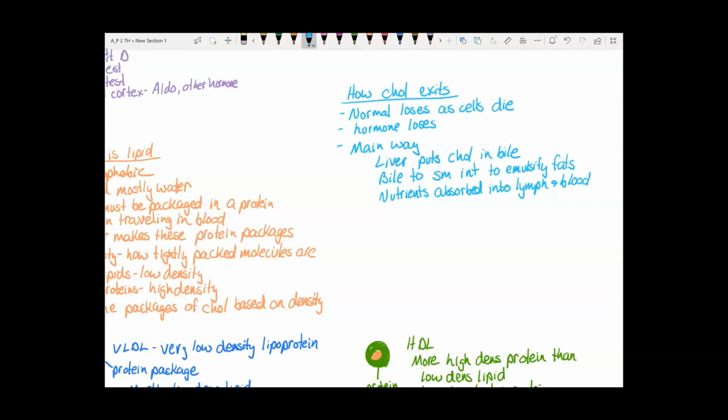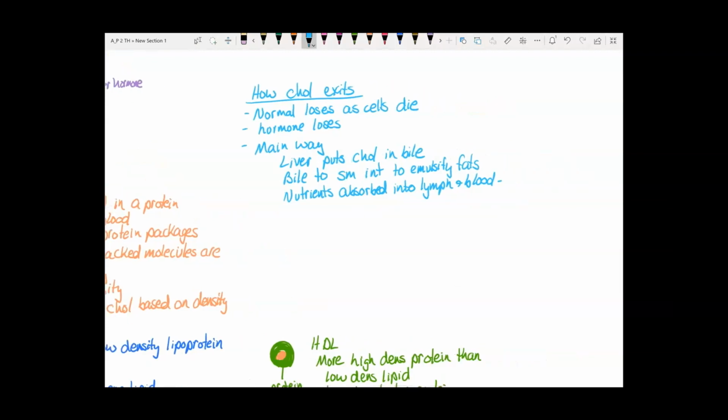During this absorption process, 90% of the cholesterol in the bile is absorbed with the nutrients. But 10% is not. That other 10% remains in the intestine and then leaves the body with the feces.